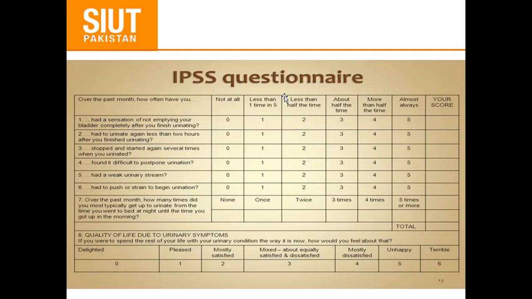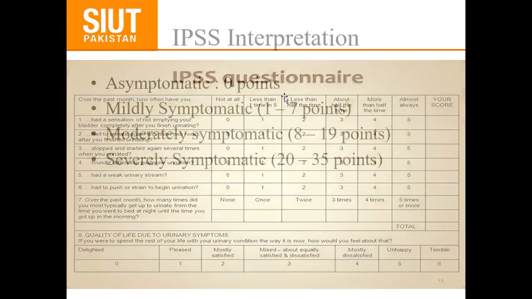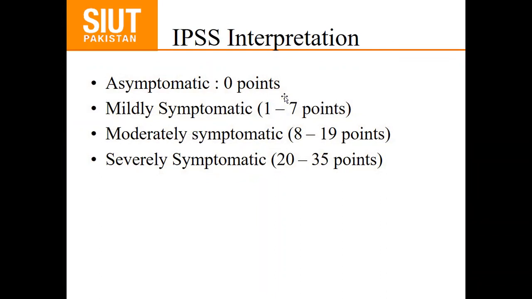The total score that we score out of is 35, and the interpretation for IPSS is: if a patient scores 0 points, he is asymptomatic. Mildly symptomatic would score from 1 to 7 points. Moderately symptomatic would be 8 to 19 points, and a severely symptomatic patient would score from 20 to 35 points.